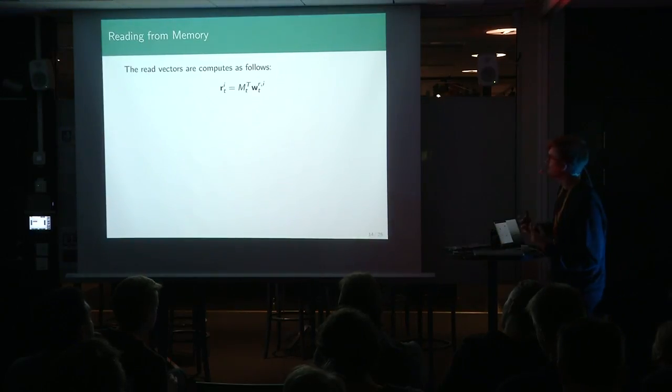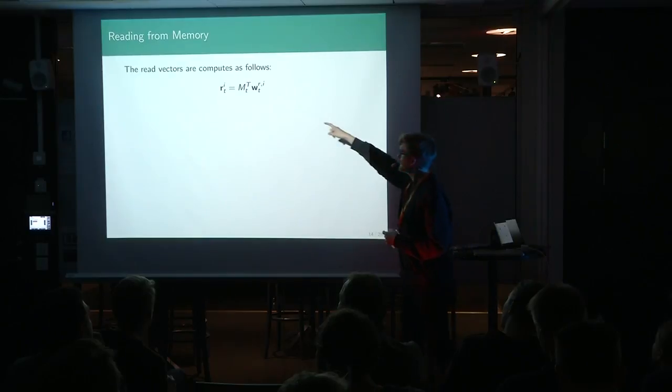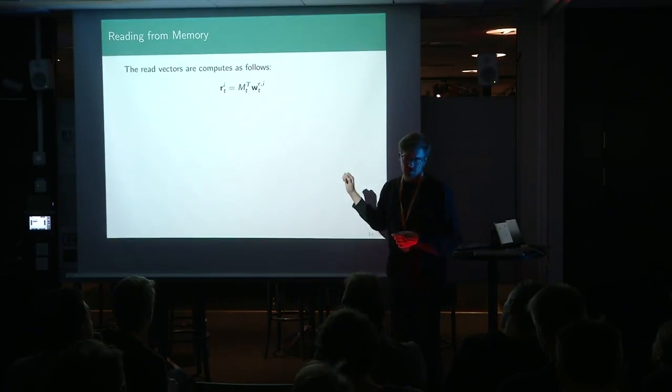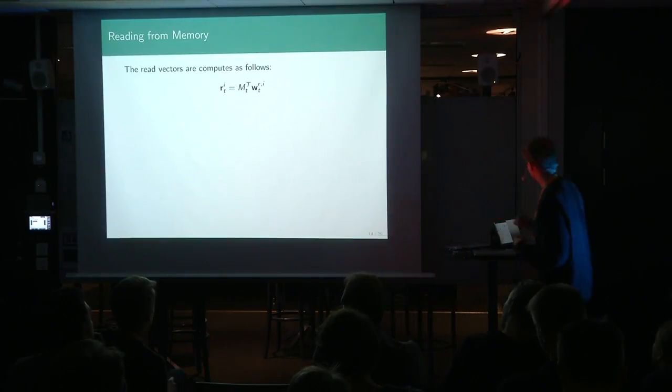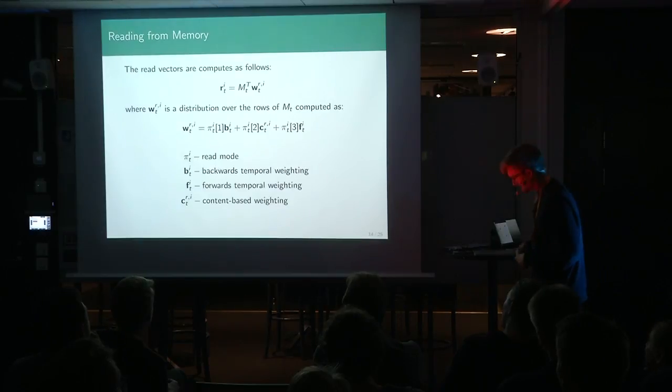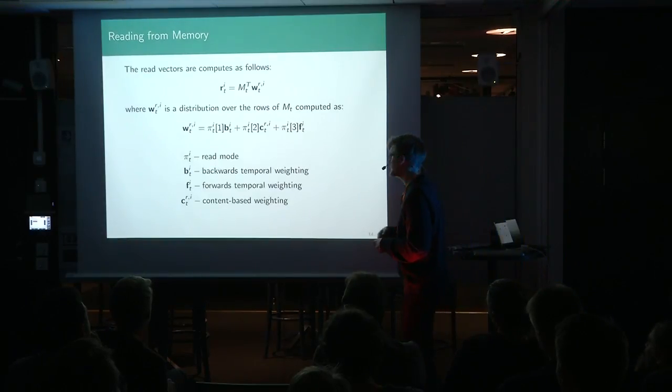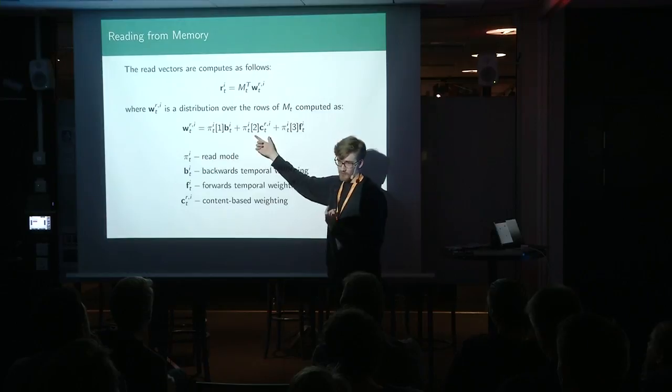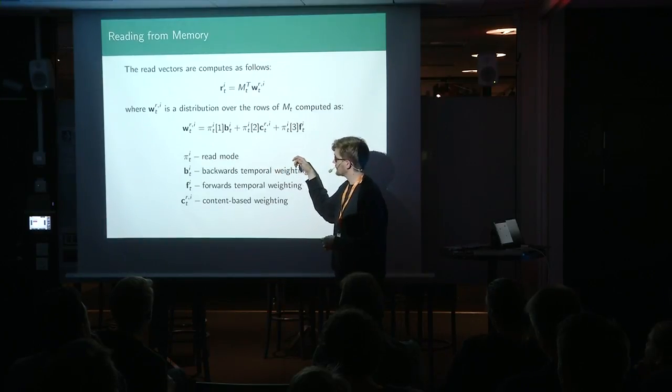So what we need to compute are these reading weights. This is controlled using three mechanisms. It's basically two: a content-based weighting and a temporal linkage.